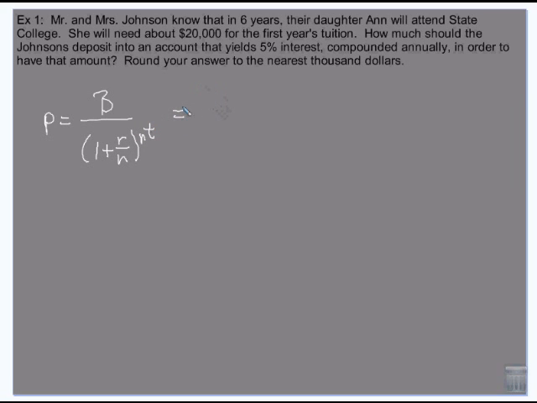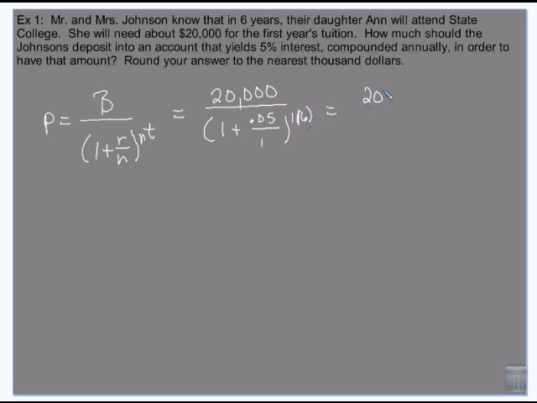Okay, so we have the balance we want is $20,000. A 1 is just a 1. Our rate is 0.05. It's compounding annually, so we're dividing by 1. And we have 6 years.